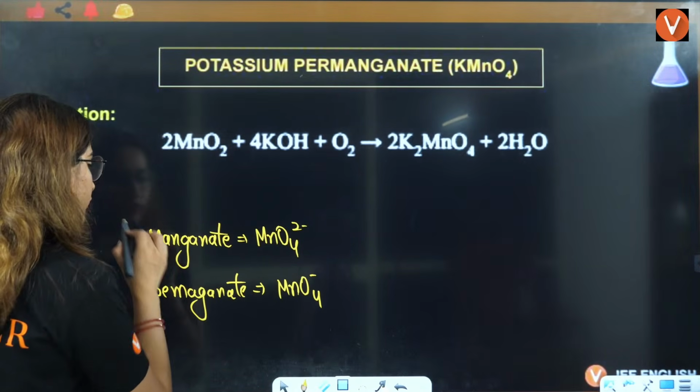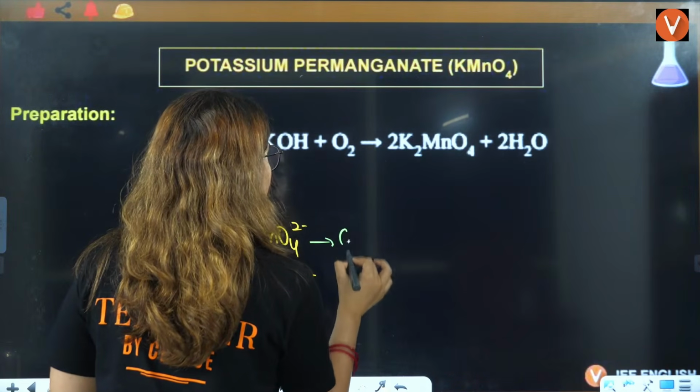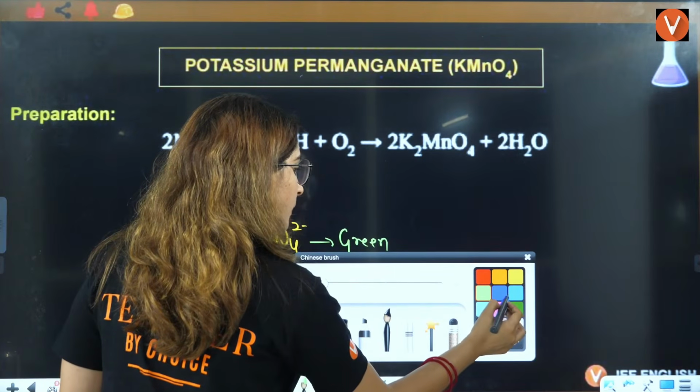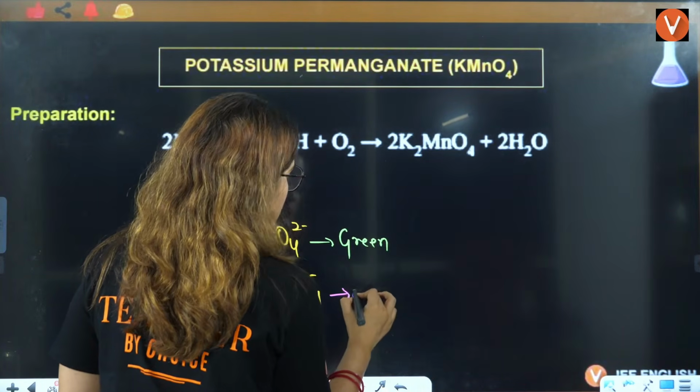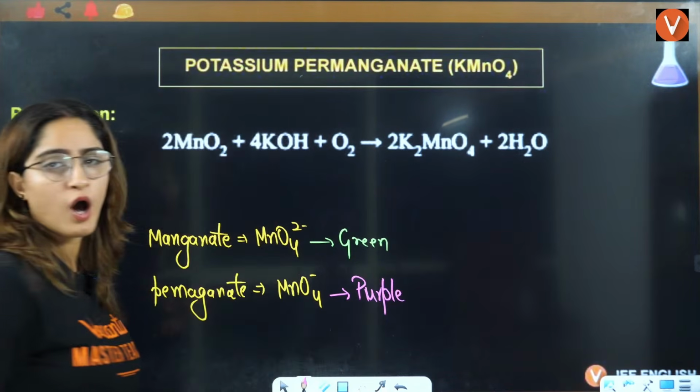This is very important for you. If you see, manganate is actually green in color, and permanganate is purple in color. This you must have seen in your house also.